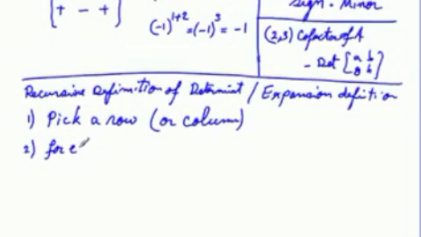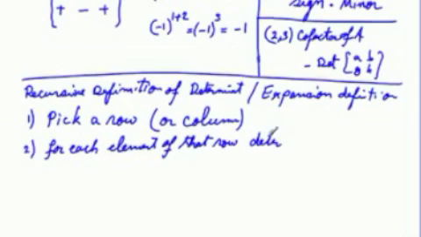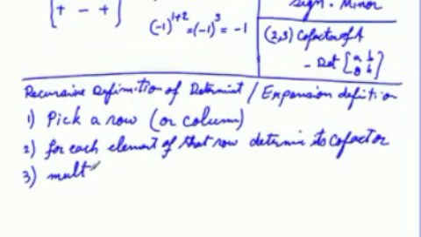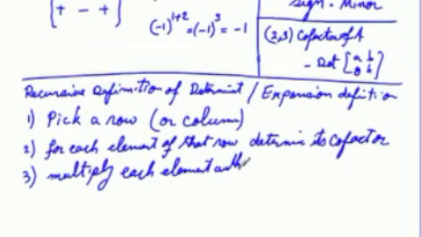For each element of that row, determine its cofactor. Multiply each element with its cofactor and add up.